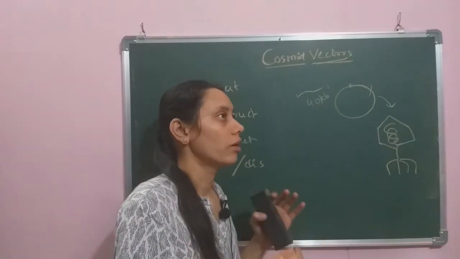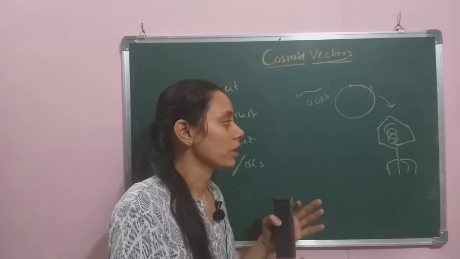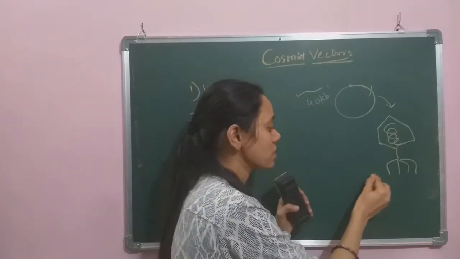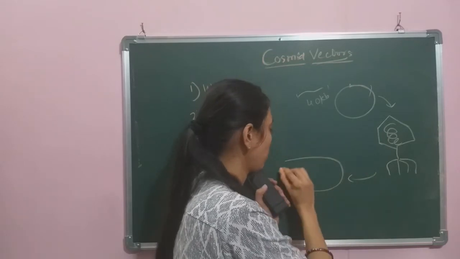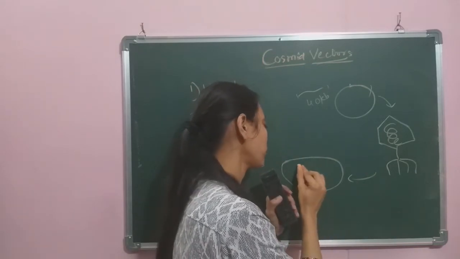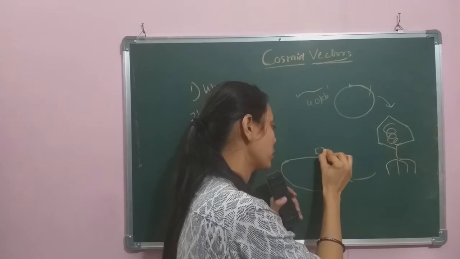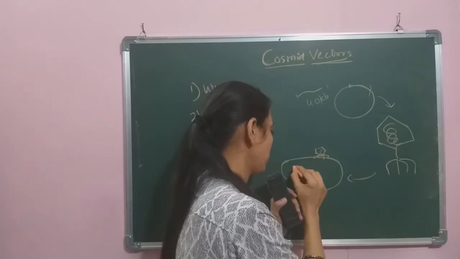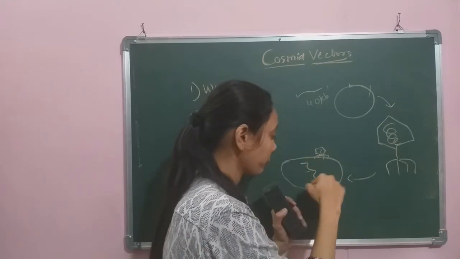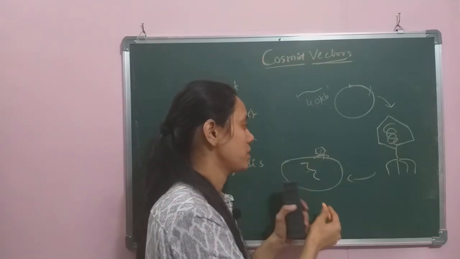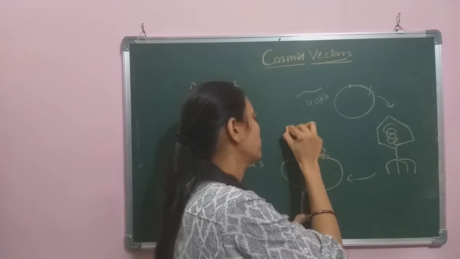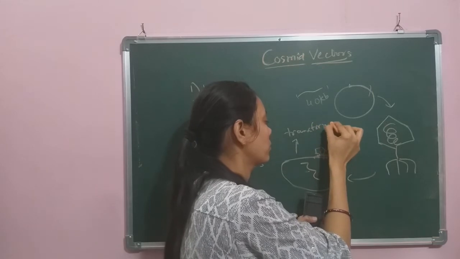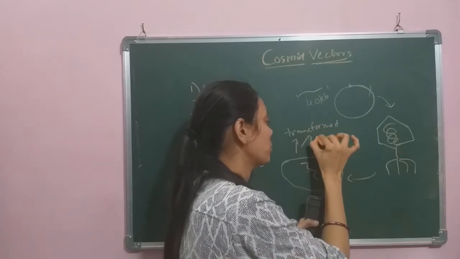That means in the laboratory only we can prepare these recombinant viruses, and these viruses are allowed to transform the bacterial host. So by infecting bacteria with this recombinant virus, it will insert the recombinant DNA inside it, followed by the transformed or recombinant bacteria.